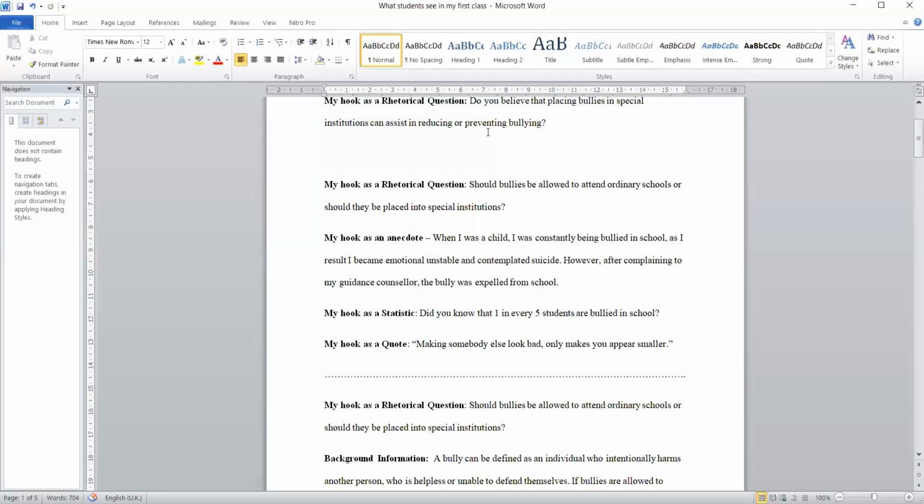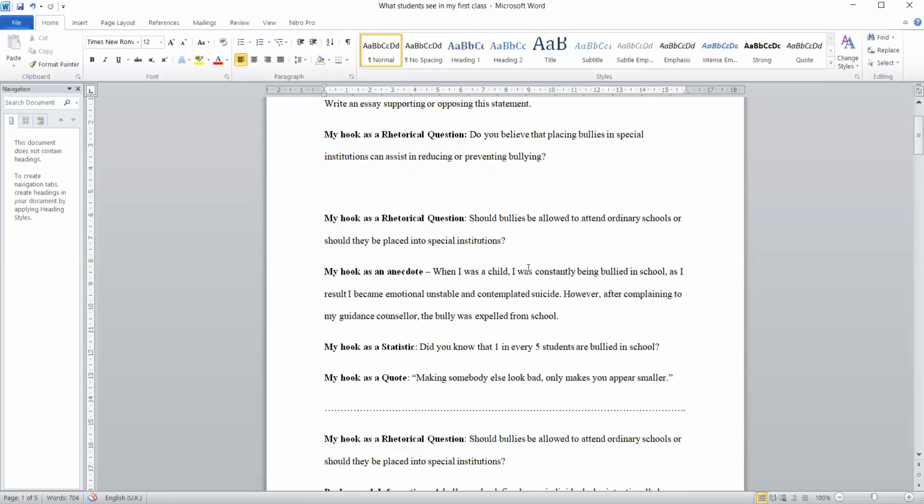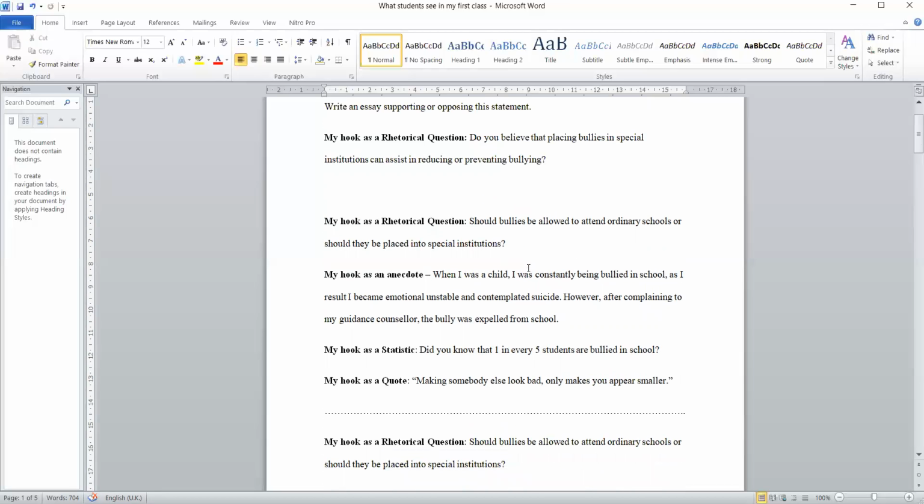Separately from the hook, in the introduction, you have other information separately from the attention grabber. What is this other information that you have to include in your introduction? Miss, a brief background. Right, so you have to have background information. And what does the background information usually contain?